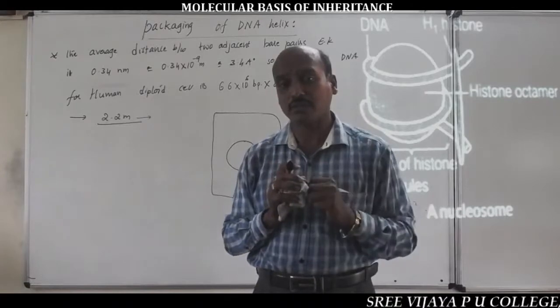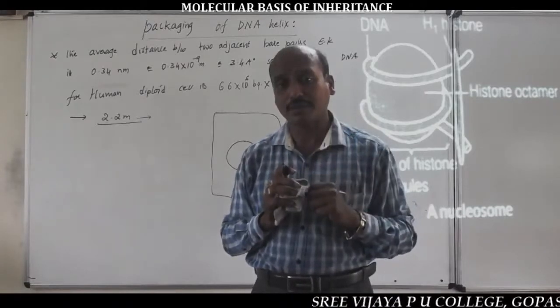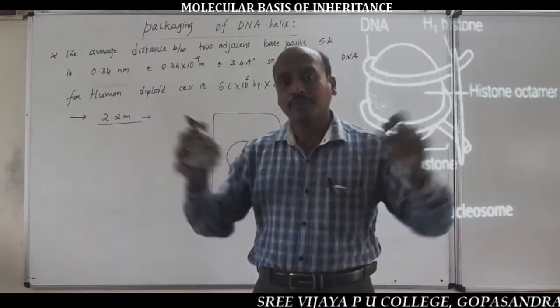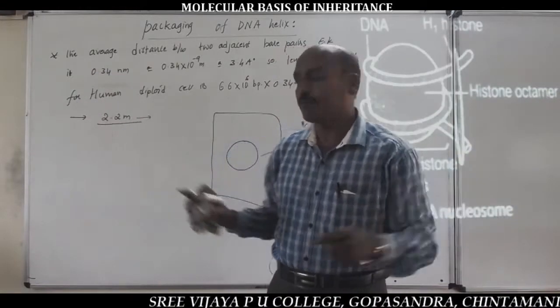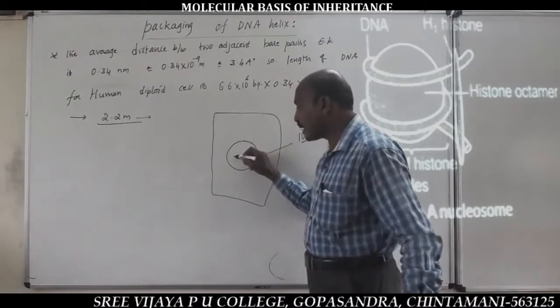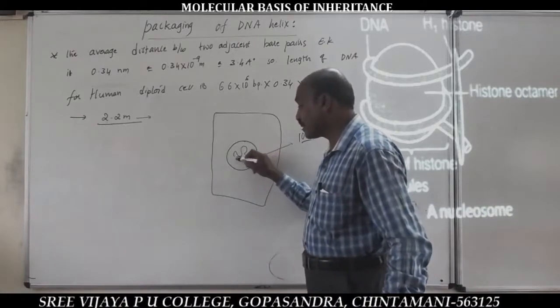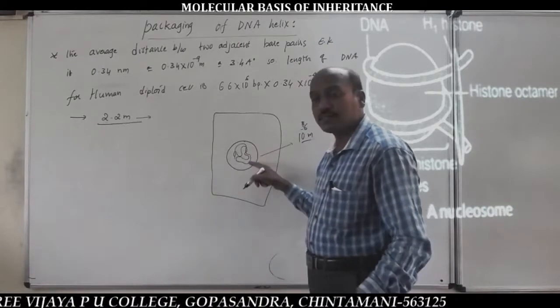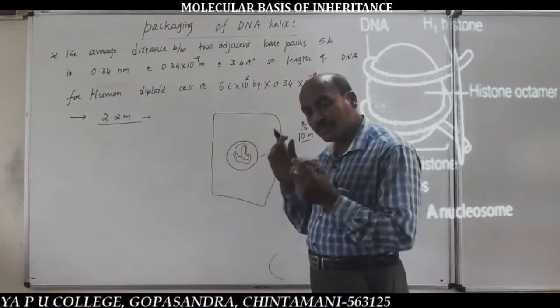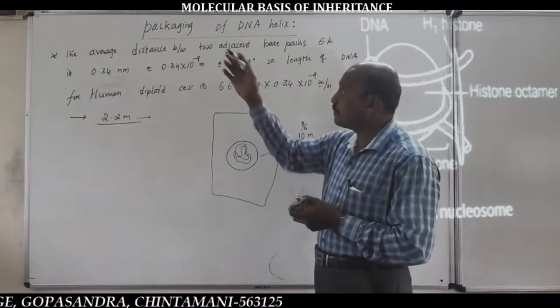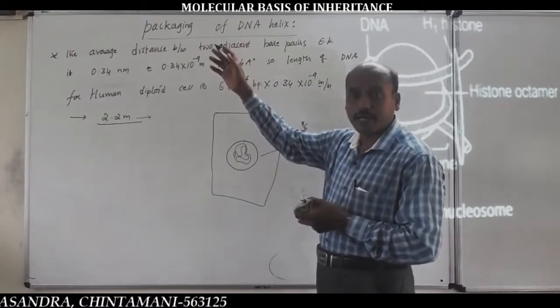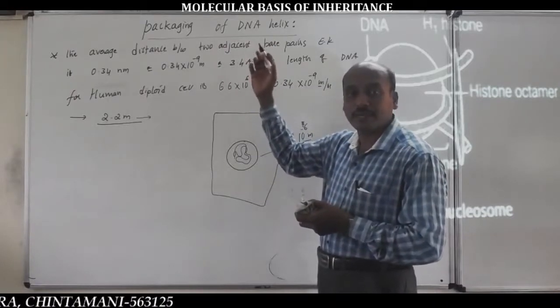You should remember this statement clearly. But how does this much longer double-stranded DNA get accommodated inside the small dimension area of the nucleus? That is the simple explanation of our heading, packaging of DNA helix.